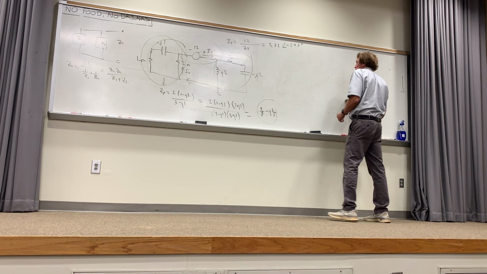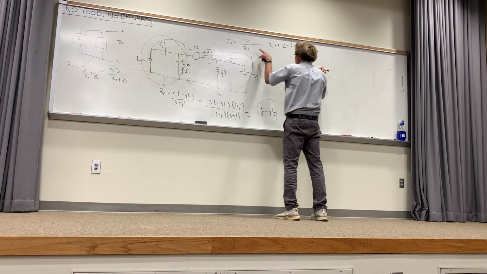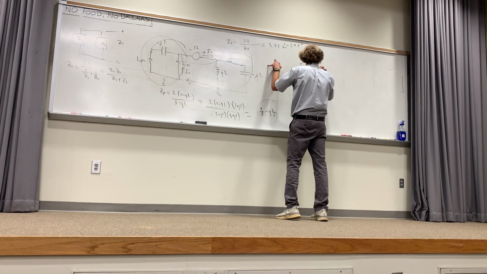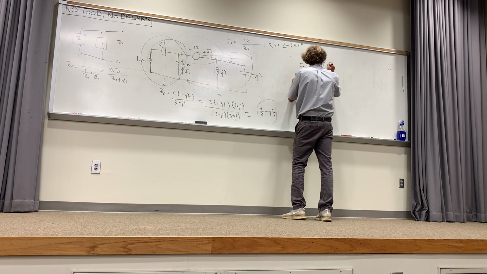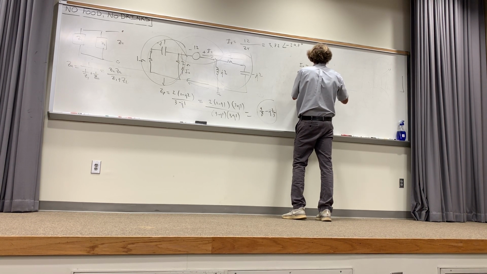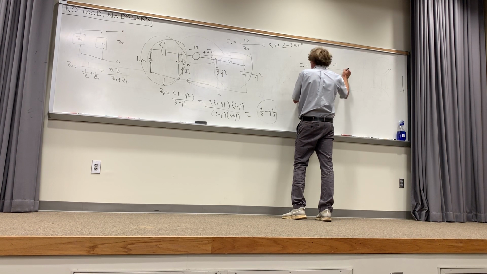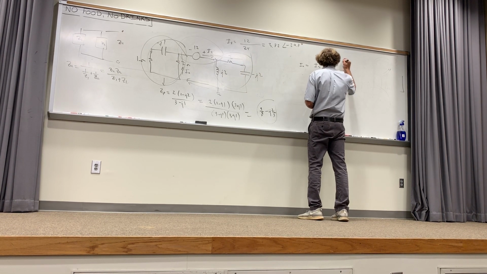That current I naught would be equal to the source current, that's the total current flowing in the circuit, times the opposite impedance, 1 minus J1, over the sum of that plus 2, or 3 minus J1.